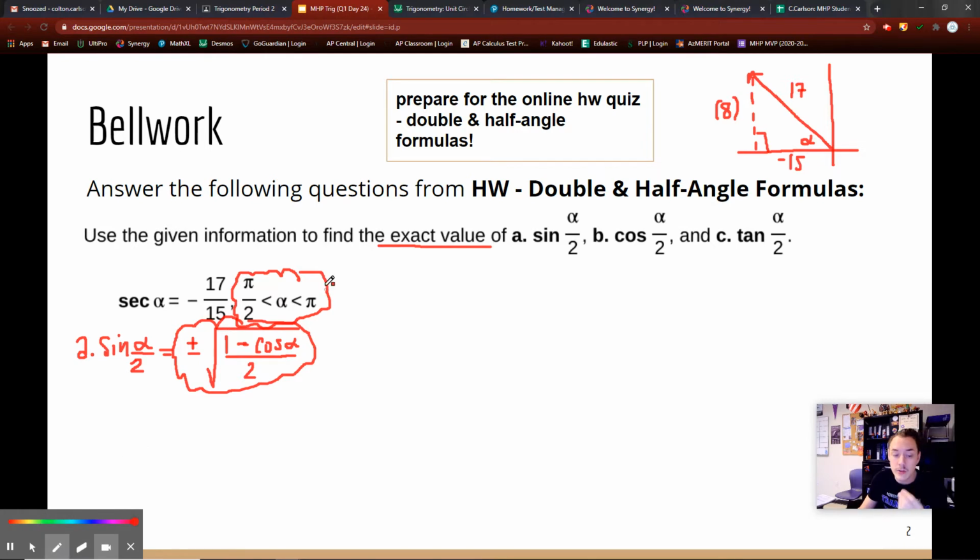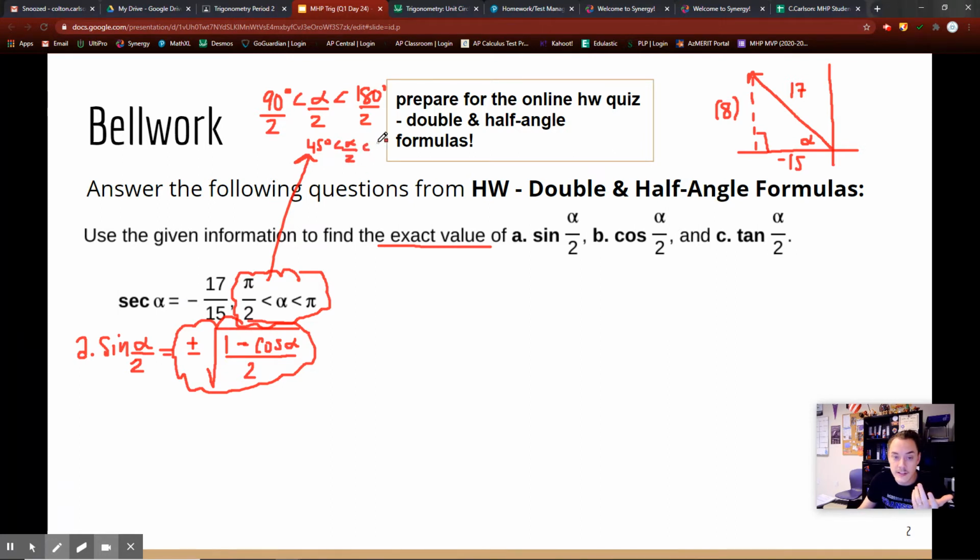The way you do that is by using your interval. Pi over 2 is 90 degrees, and this is 180 degrees. I need to divide this by 2 in order to get alpha over 2. So this is going to be 45 degrees, alpha over 2, and then this is going to be 90 degrees. This is my new interval. Since this is my new interval, I can tell that this is in quadrant 1.